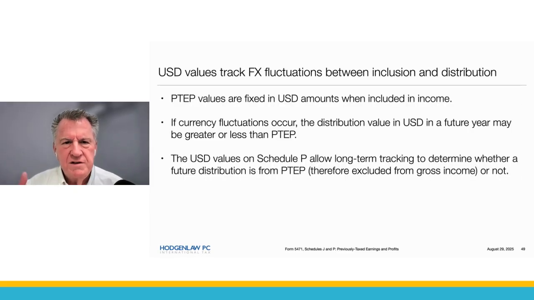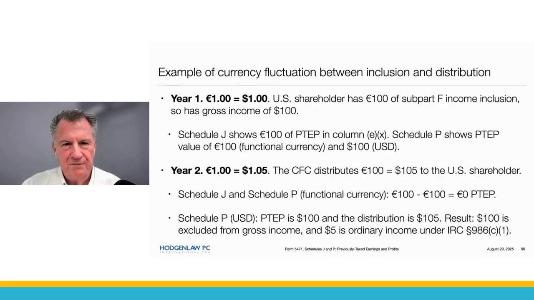And so this Schedule P, this part, is designed to do exactly that. So it's going to do a calculation of PTEP in US dollars when the PTEP was included in gross income and do a running total of that. And when the distribution is made, that'll show up on Schedule P. And again, at the current exchange rate, and you're going to see there may be a difference. It might be the same, it might be higher or lower. And you will have some currency gain or loss based on that.